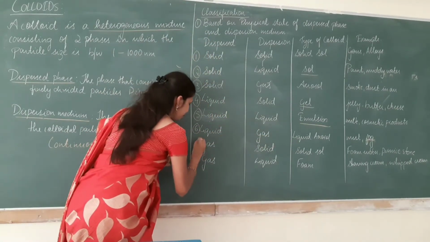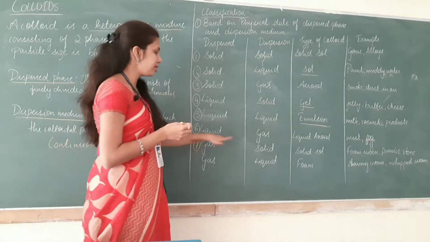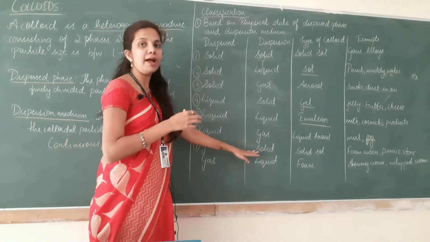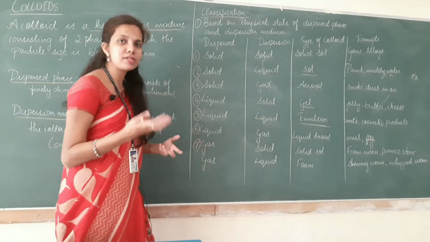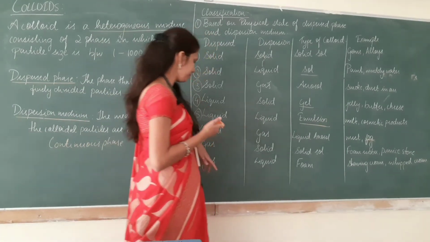Coming to my seventh one, wherein the dispersed phase is gas and the dispersion medium is solid, that is gas in solid, this type of colloid is called a solid sol. Some examples here could be pumice stone and foam rubber.